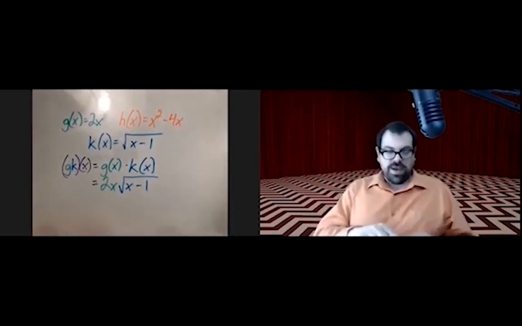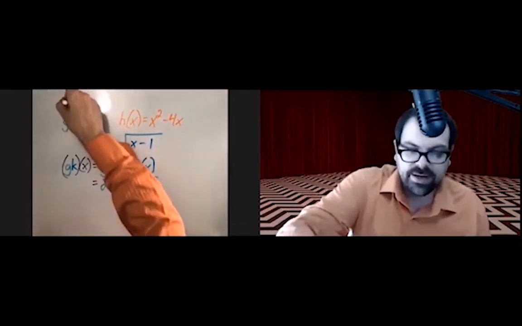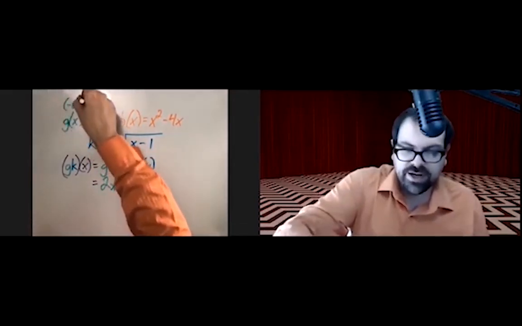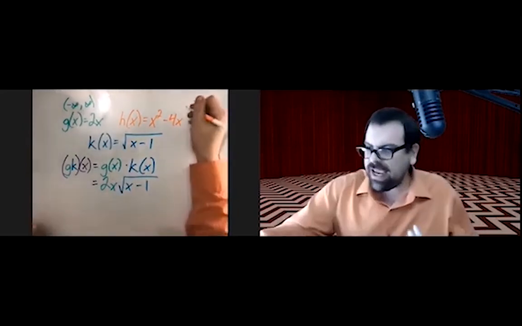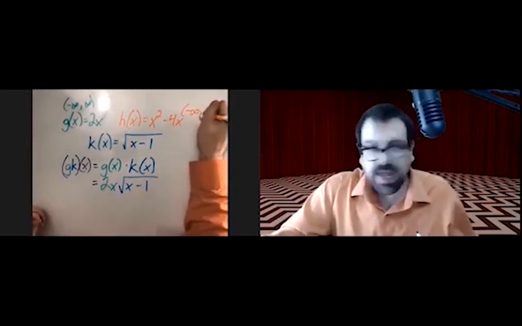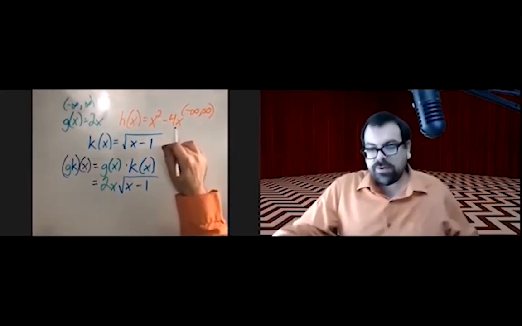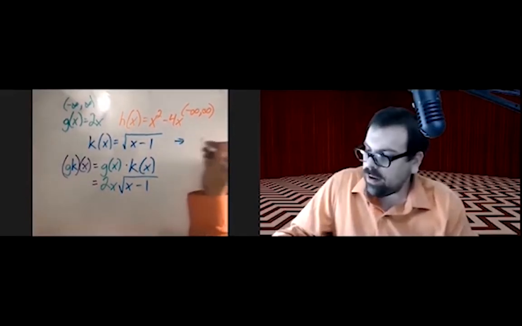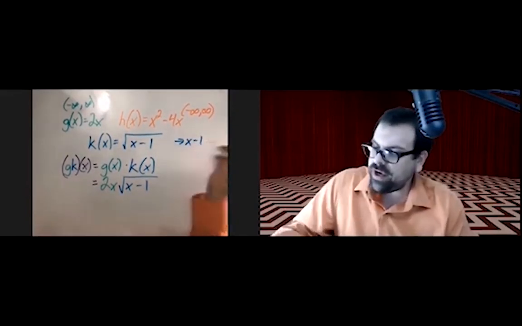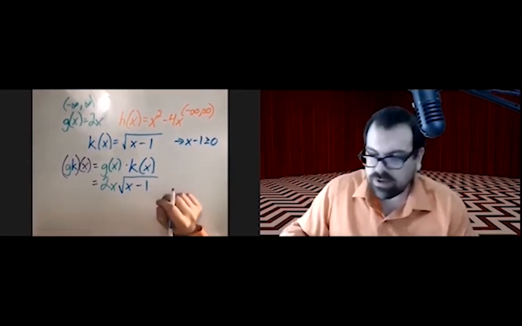Now, the domain of g, we already said that one's negative infinity to infinity. We've said the domain of h is also negative infinity to infinity. What about the domain of k? Well, the thing under a square root has to be greater than or equal to 0.